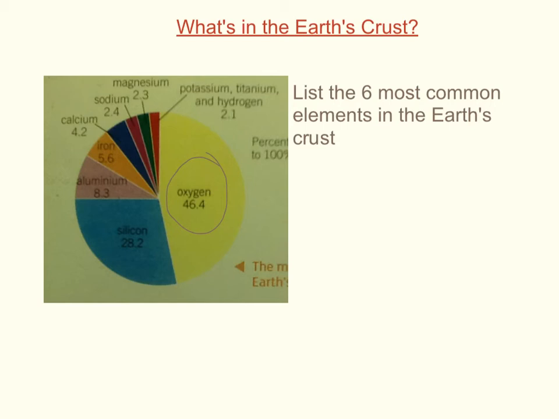As you can see, as the pie chart goes along, the decreasing percentages of the next most common elements. Some of you may notice the percentages do not add up to 100% exactly, and this is due to rounding. Your task now is to make a note of the 6 most common elements and their percentages to bring to the next lesson.